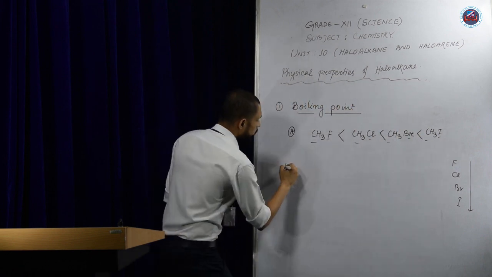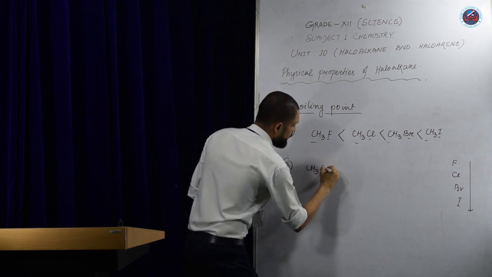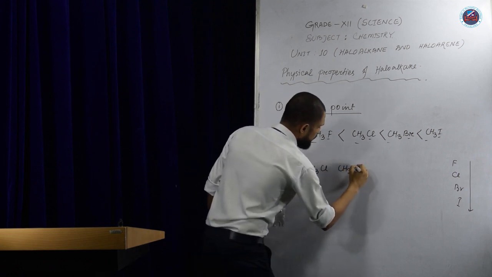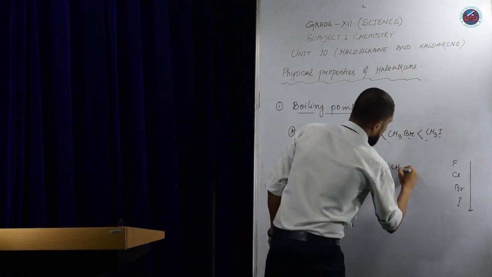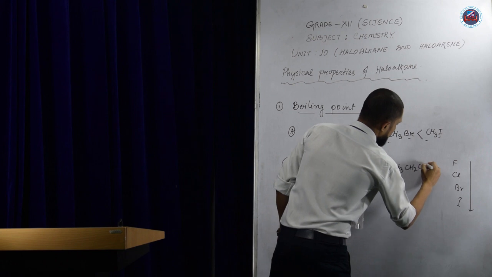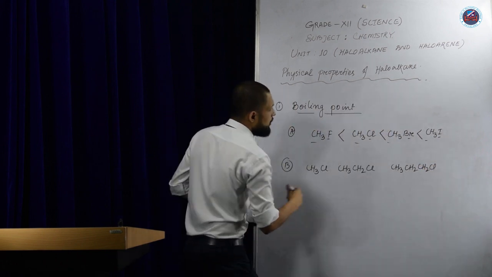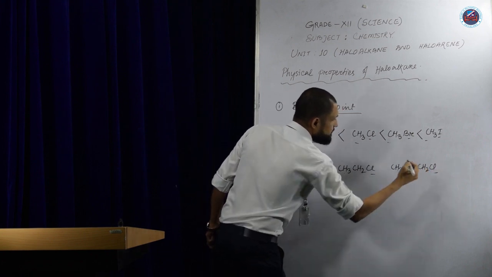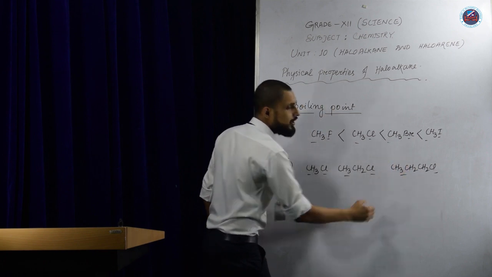Next set of compounds. You can see here, the halogen atom is the same, but the length of the chain increases.